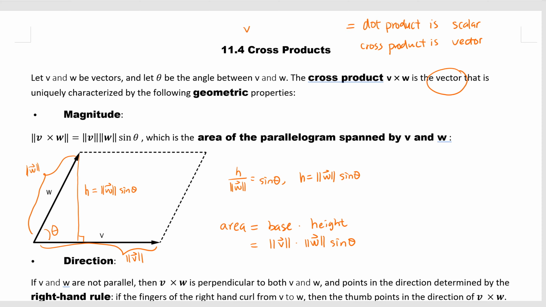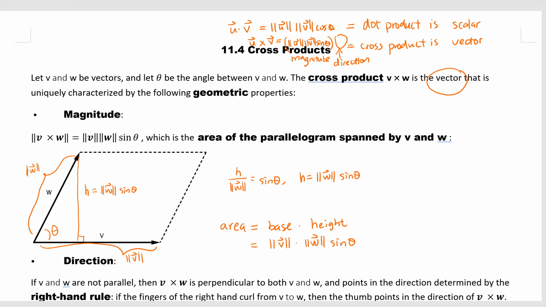The dot product U dot V equals the magnitude of U times the magnitude of V times cosine theta, and the cross product U cross V has some magnitude and some direction. The magnitude equals the magnitude of U times the magnitude of V times sine theta.